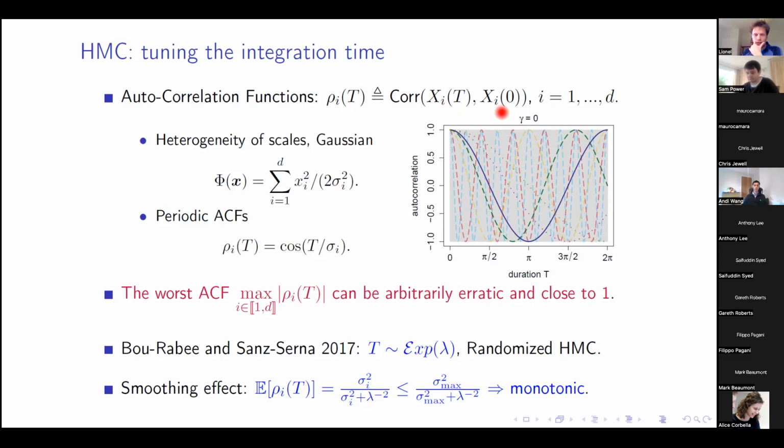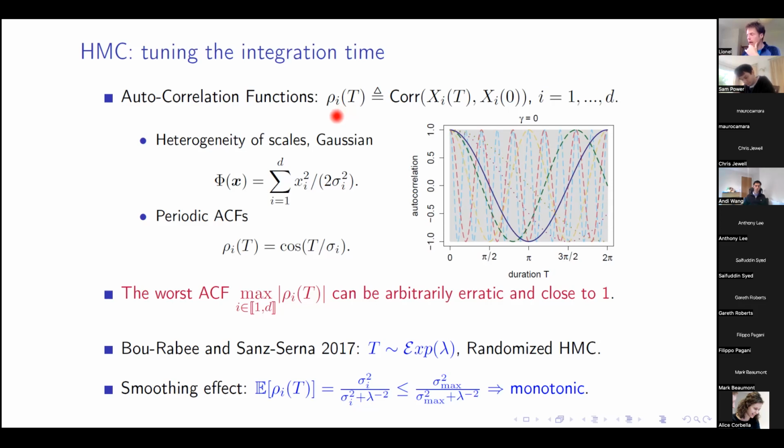Right? So we can interpret these rho_i(t) as the first order autocorrelations of each component i between 1 and d. Right? So we want these to be as close to 0 as possible to get MCMC samples that are as uncorrelated as possible.